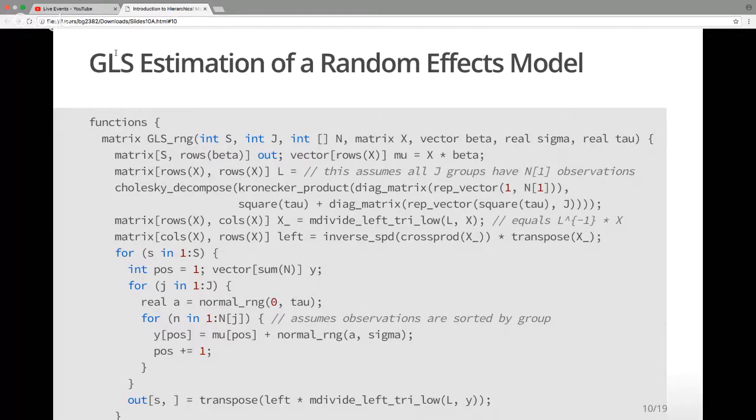One of these should be sigma. Anyway, a diagonal matrix with the error standard deviations, Kronecker product those two things together, and you now have a sum n by sum n covariance matrix of the errors.